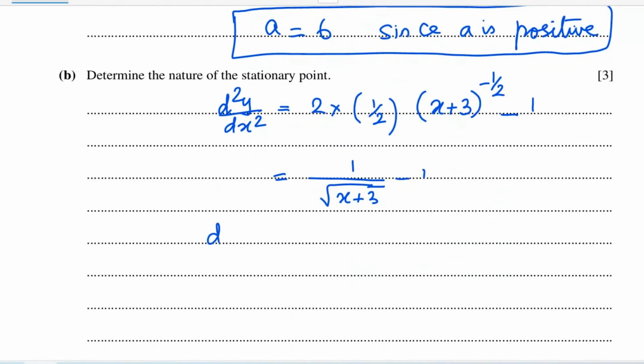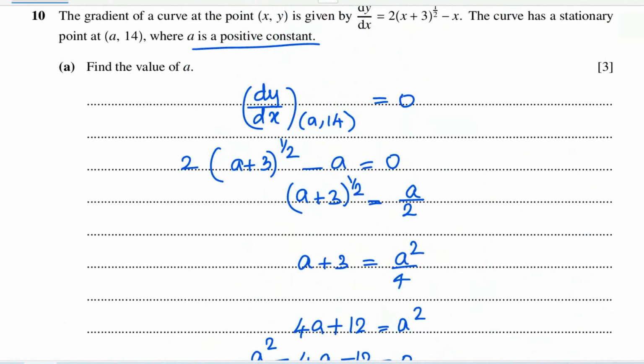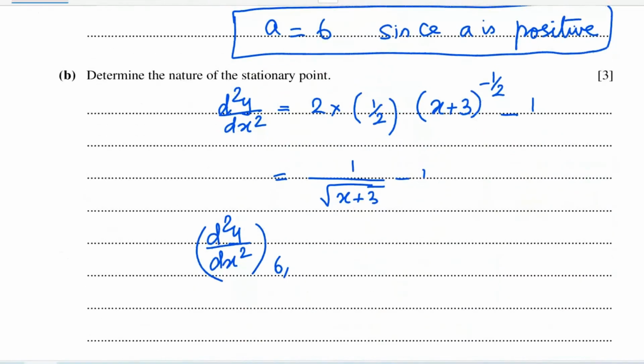So the stationary point at 6, 14 is 1/6 plus 3 minus 1, which is equal to 1 divided by 3 minus 1.